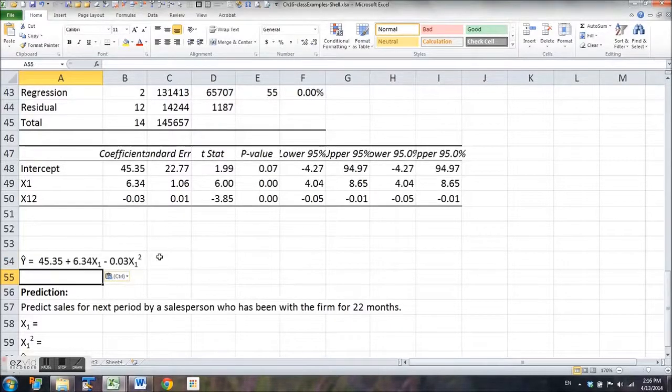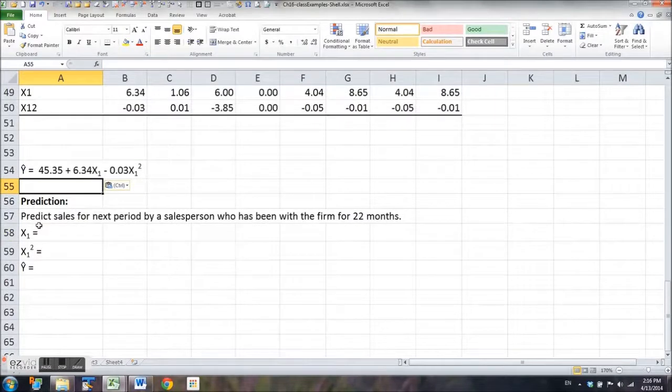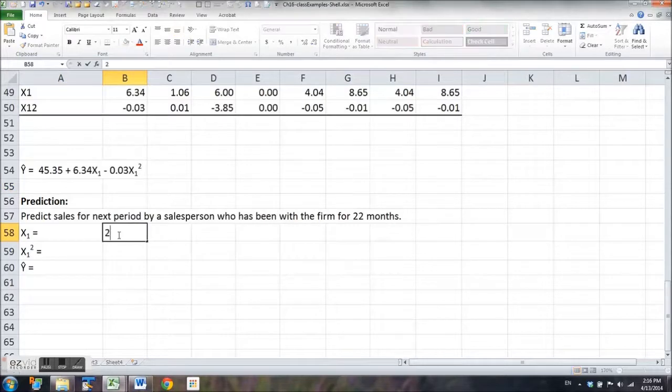Now let's see how to use this prediction equation to predict sales. So predict sales for the next period by a salesperson who has been with the firm for 22 months. So x sub 1 is 22. So x sub 1 squared is the second x variable.